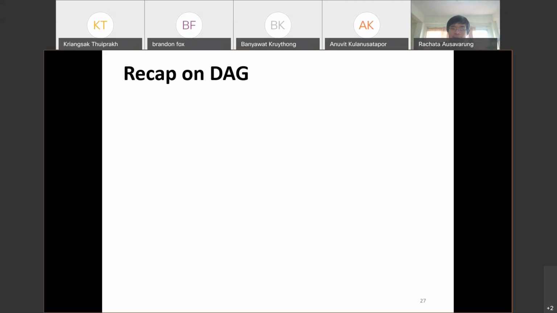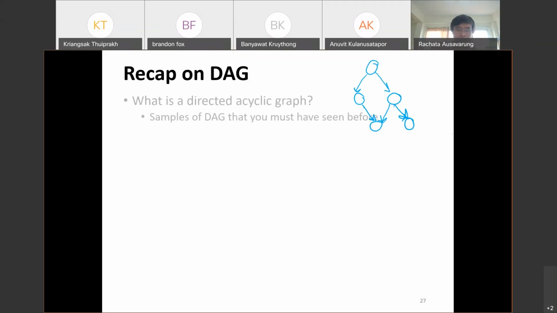Anyone have any question about what is a directed graph with no cycle? Basically, it's a graph where each edge has a direction, and there's no way in this graph that I can draw a cycle. Why is that useful?